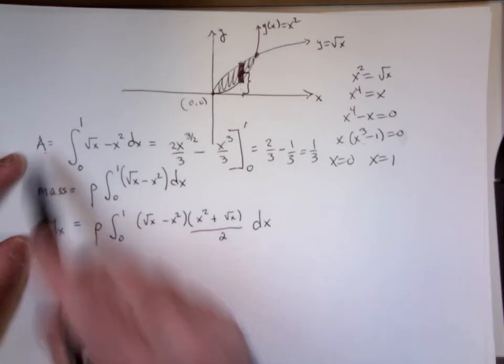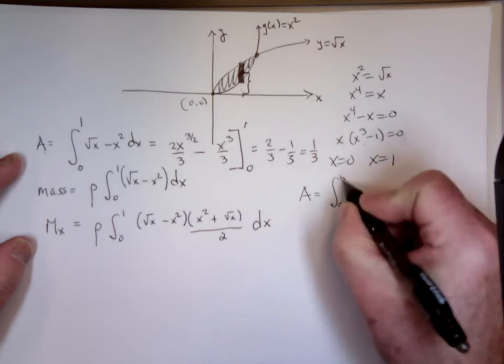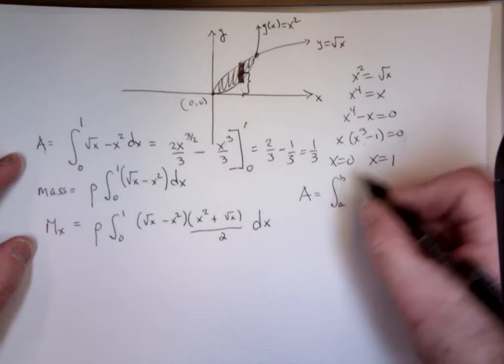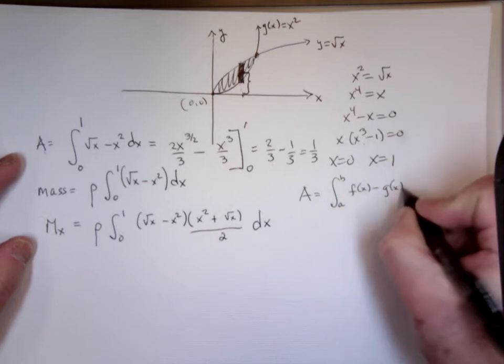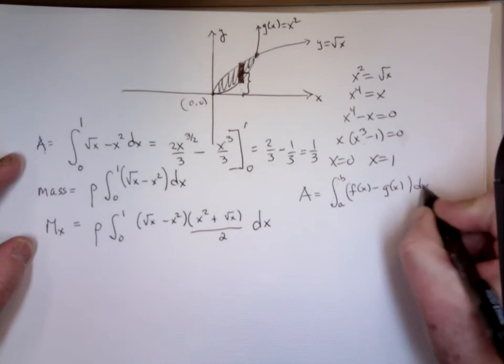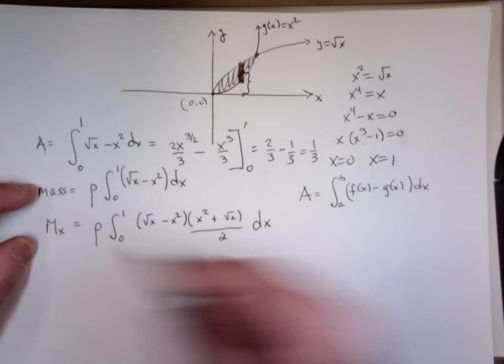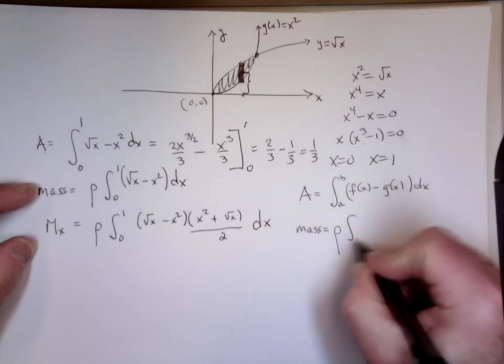Let's go back to the area. The area formula is top minus bottom, okay? Depends on what top is. I'm going to call f of x top minus bottom. That's the area formula. Mass formula is a density times the area.